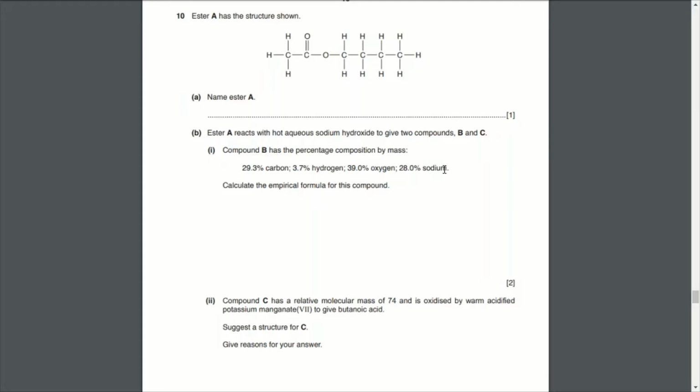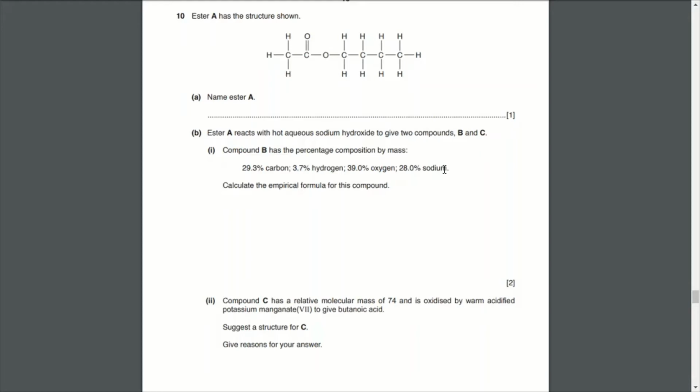Then you can calculate it with the calculator. The smallest value will be divided into all of them, and then we'll find the answer. You can pause the video if you're solving it right now, while I'm also solving it on my calculator.